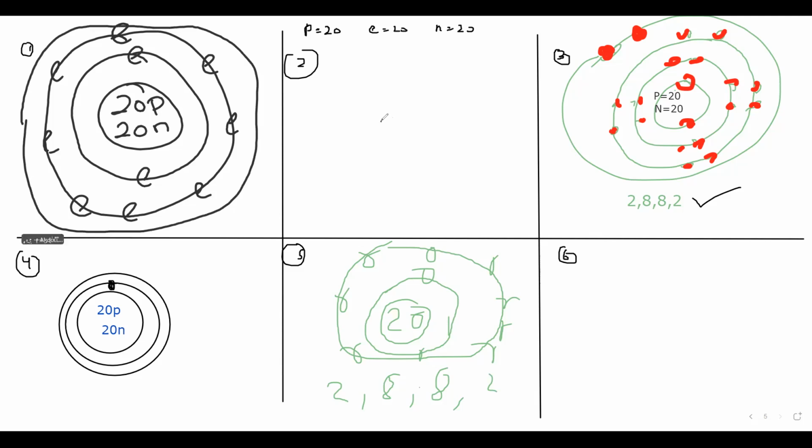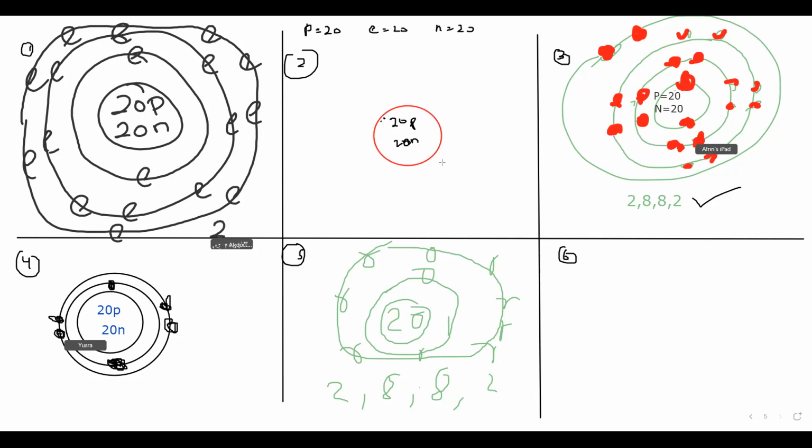First you have 20 protons and 20 neutrons. The first shell, which is closest to the nucleus, can hold a maximum of 2. We have to arrange a total of 20 electrons.